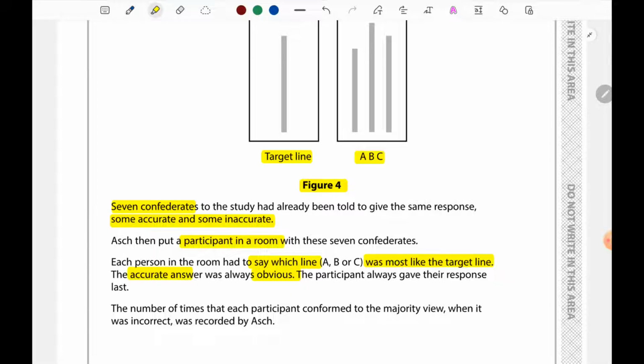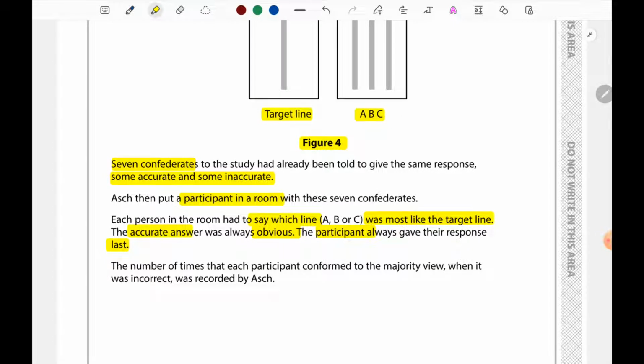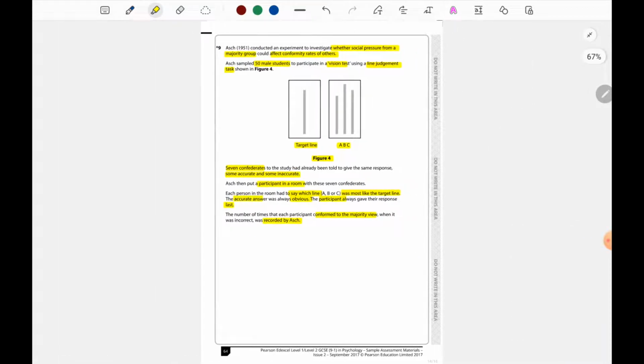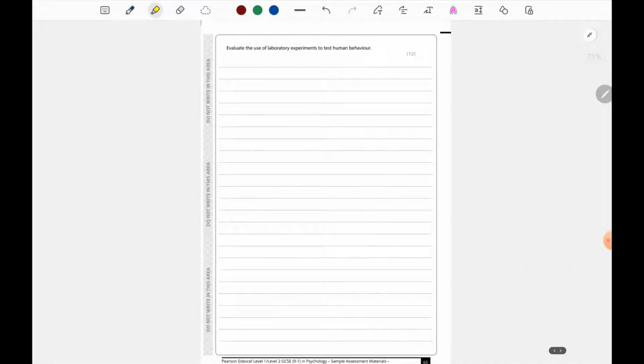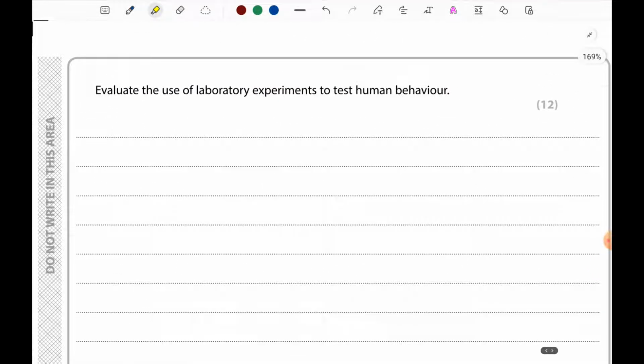The participant always gave their response last. The number of times that each participant conformed to the majority view when it was incorrect was recorded by Ash. Evaluate the use of laboratory experiments to test human behavior.